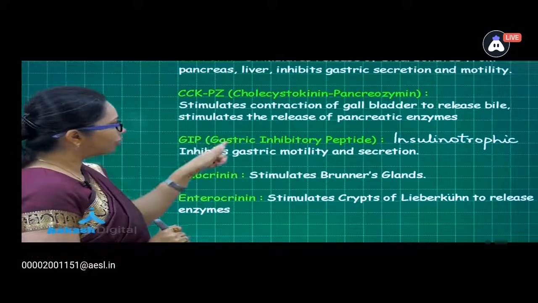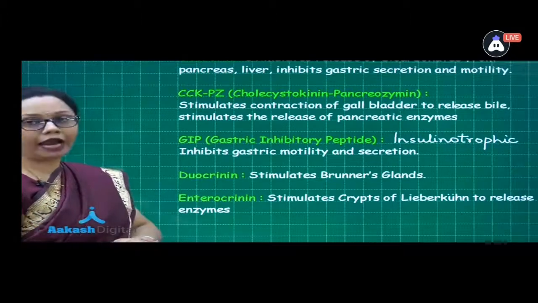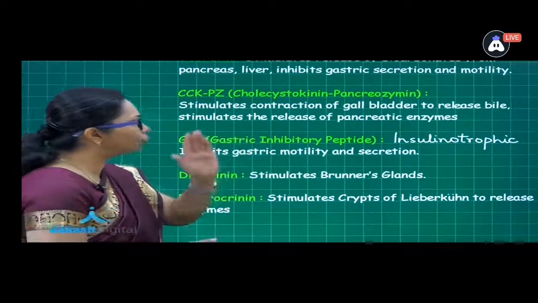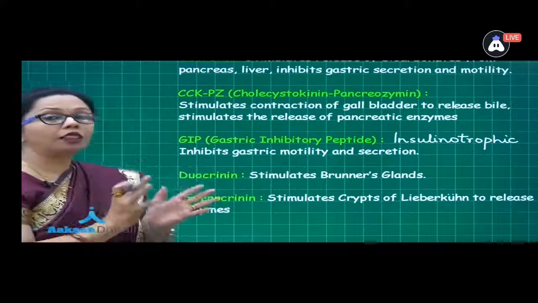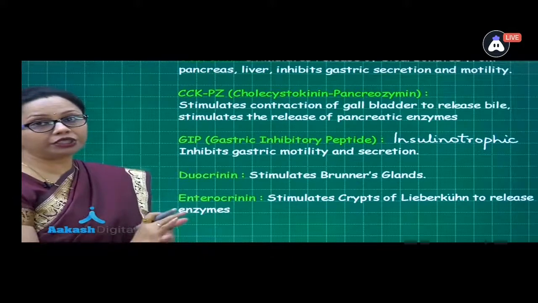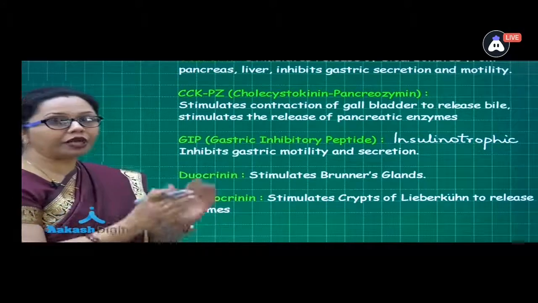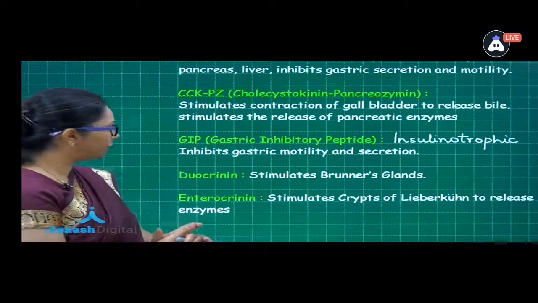So as the name suggests, gastric inhibitory peptide, that means it inhibits the gastric motility and secretion. And the other name, gastric insulinotropic peptide, that means it is acting on the pancreas and stimulating the release of insulin. So whenever we use the word trophic, that is to stimulate. So insulin secretion is stimulated by GIP.